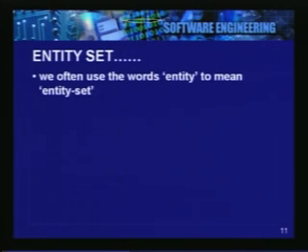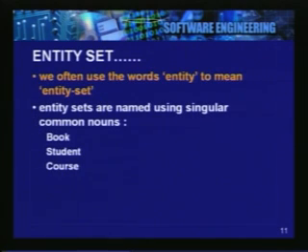Our modeling will be concerned more with entity sets rather than with entities. Entity sets are named using singular common nouns. Now, this is a very important point. Proper naming of entity sets is very important to convey the meaning. Here are some examples: book, student, course. These could be useful entities in a university environment.